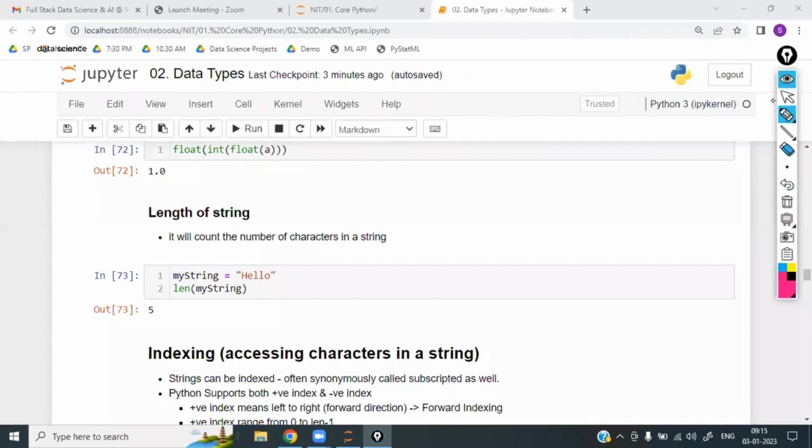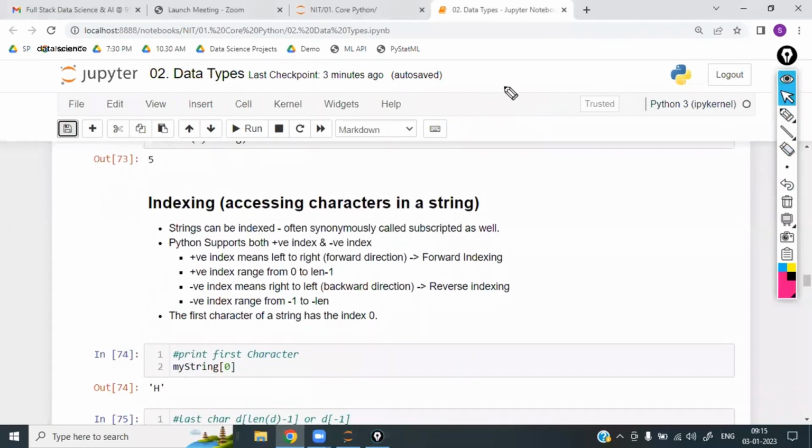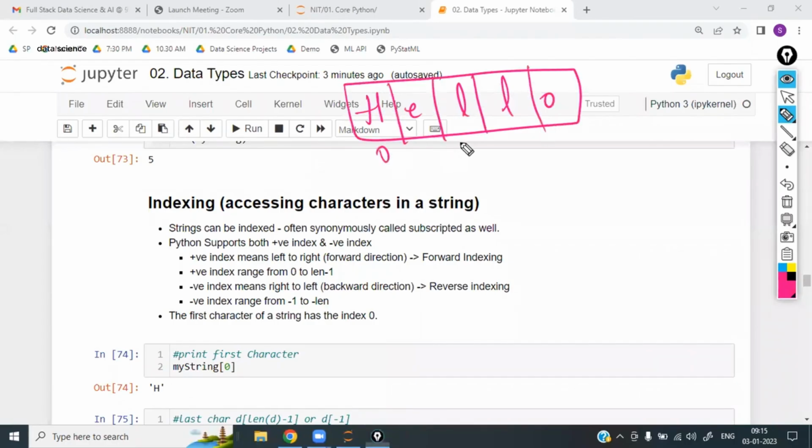Now, in the last class, we discussed what is meant by indexing. Once again, I'm repeating, indexing is one of the most important concepts. For HELLO, hello, the indexing is 0, 1, 2, 3, 4 in positive indexing. The positive indexing starts from 0 to length -1. The total length of characters is 5, so it goes from 0 to 4.